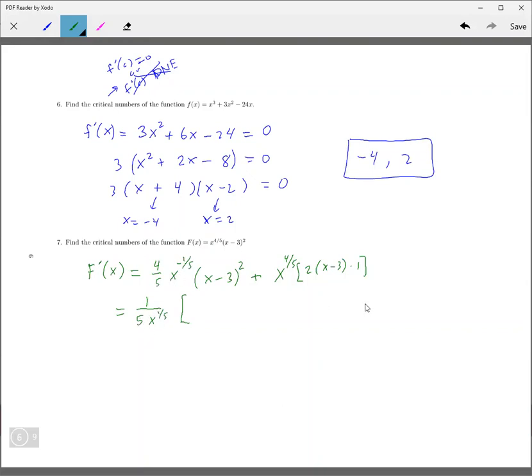You can factor that out of everything. Okay, and so then here we're going to be left with 4 times this squared. That squared is x squared minus 6x plus 9. And then here, this is going to become x. And then there's 5 also. And we still have this 2, and then it's x minus 3.